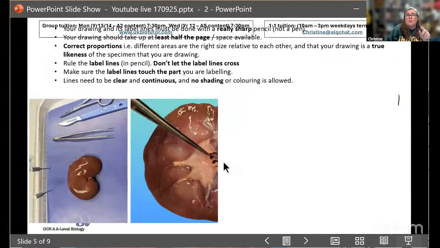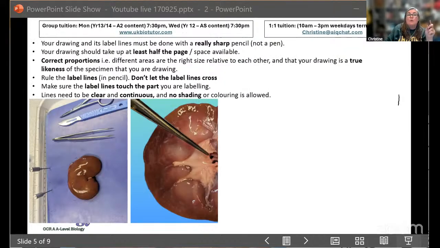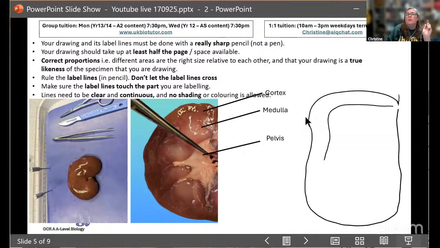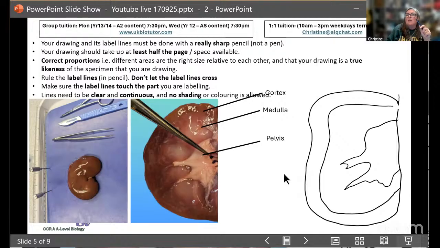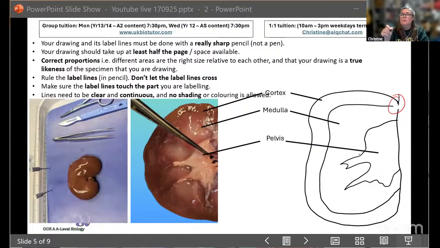The other thing they do sometimes make you do is ask you to draw the diagrams. They did ask it in one of the years where you had to actually draw the kidney that would have been dissected. So they do just want you to draw the bits and label them, making sure your label lines touch, etc. And the other thing to note as well, and I did my diagram on purpose really badly, is that you need to have continuous lines.